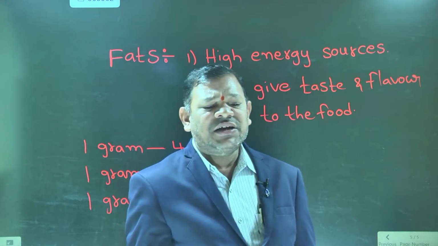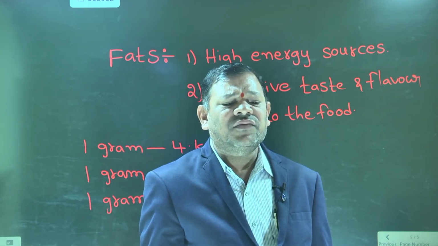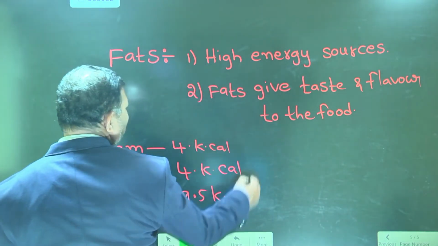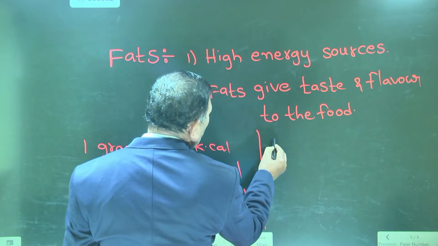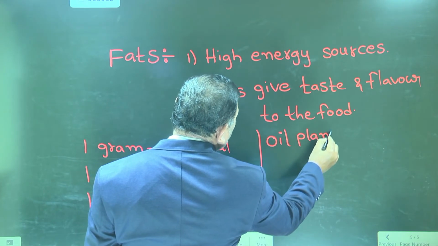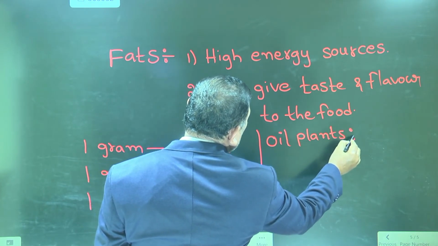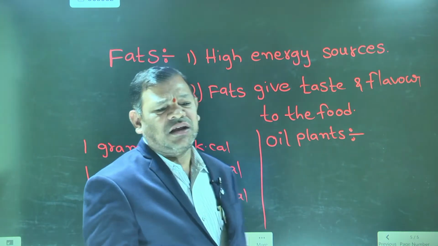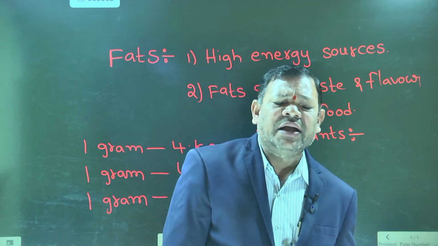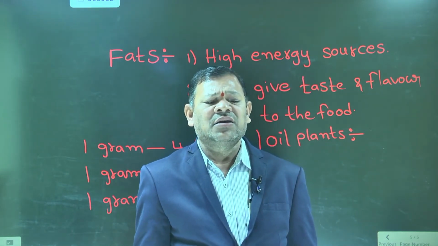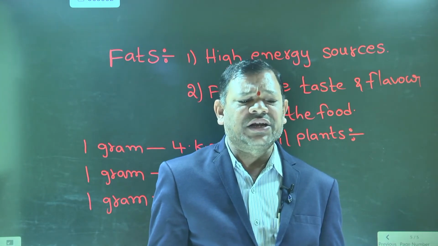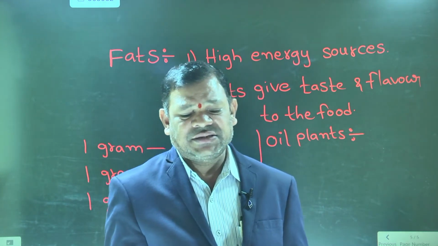Okay, so in our day-to-day life, where are these food components present? You know very well, in plant products, oil plants. Every day what do we use? Sunflower oil, linseed oil and mustard oil, groundnut oil. The component of the nutrient in these is nothing but fats.